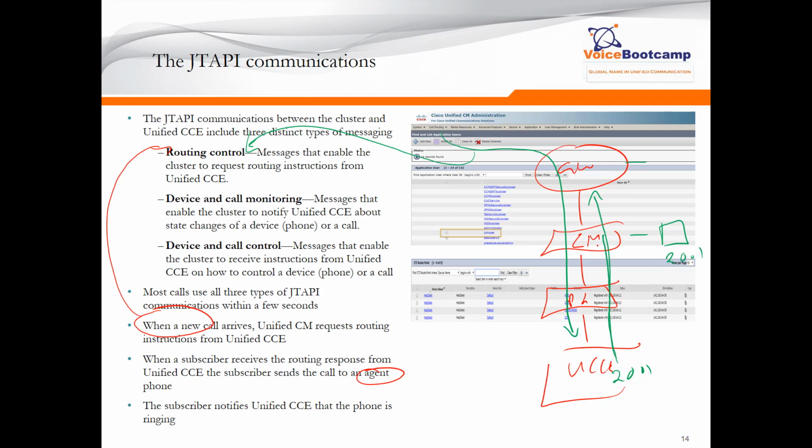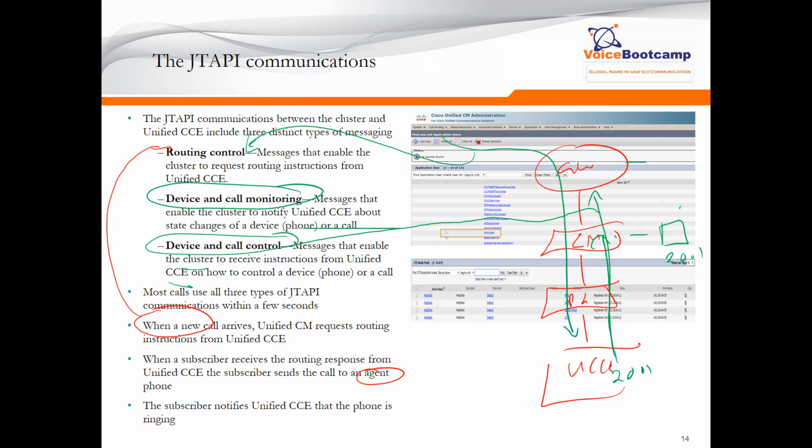It sends a call to the call manager, rather. This message will be carried over, I believe, by this one, the message the call manager cluster receives from the UCCE. Let's say the agent decides to log out, log back in, go not ready or ready, or the agent phone is unregistered, then that information will be carried over device and call monitoring.